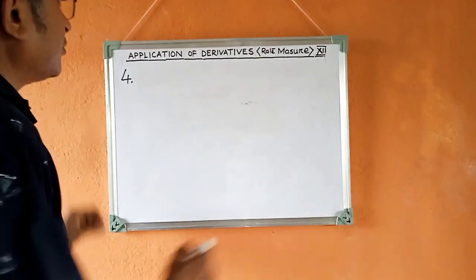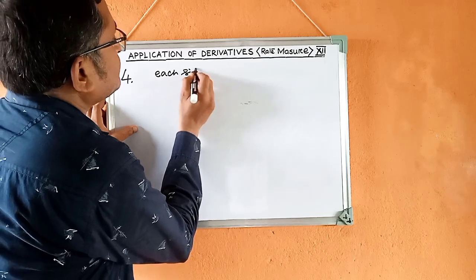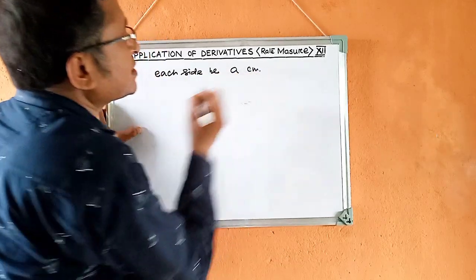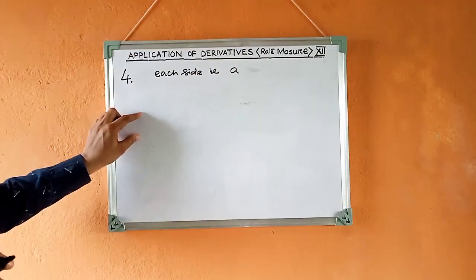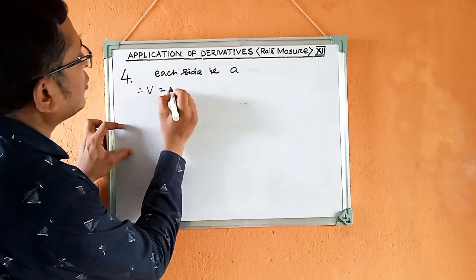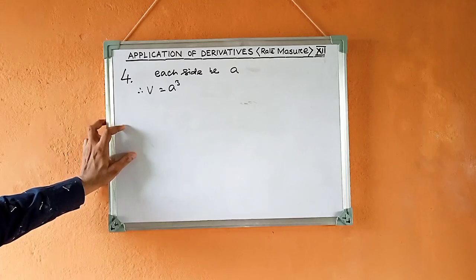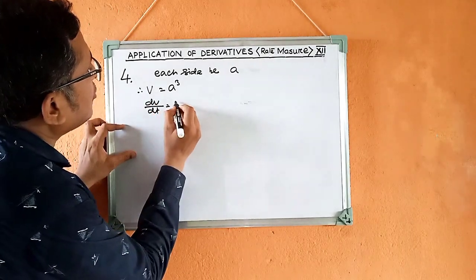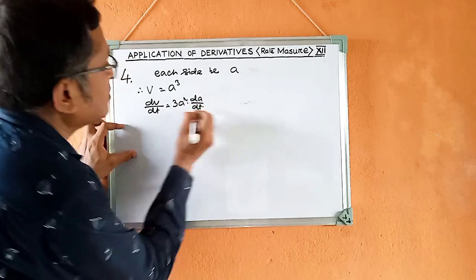Suppose each side of the cube is a units, so volume V = a³. Differentiating both sides with respect to t, we get dV/dt = 3a² into da/dt.